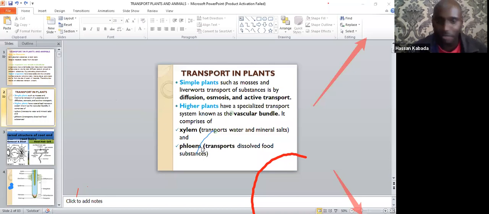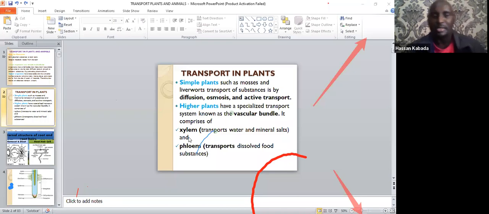So it is through the phloem that dissolved food is transported from the leaves where it is manufactured to other parts of the plant for usage, because glucose has to be used for respiration, or the excess is stored either in the stem, in the roots, in the seeds and all that.